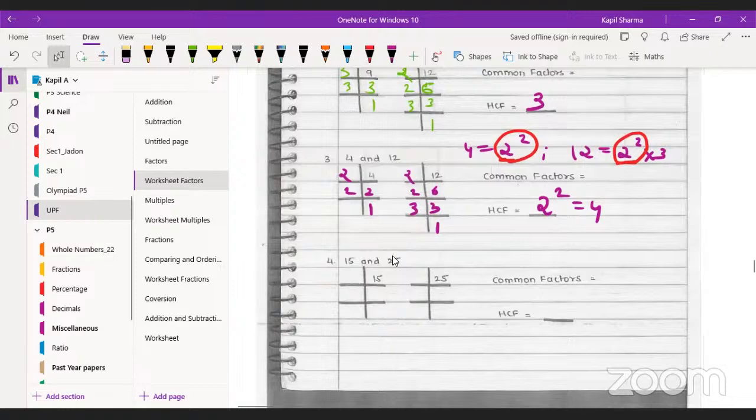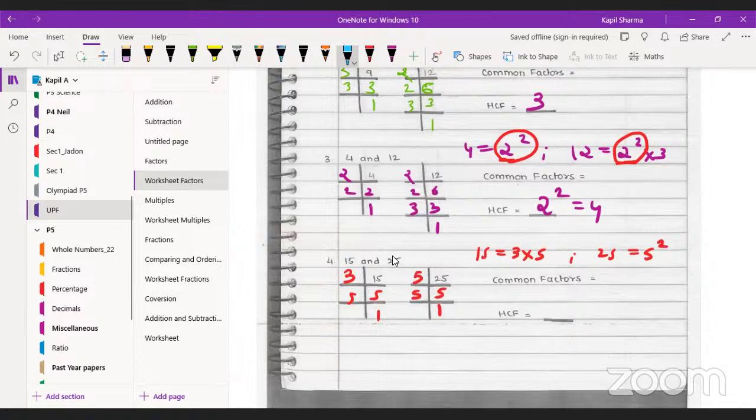Okay. Next is 15 and 25. So 3 times 5, 5 times 1, 5 times 5, 5 times 1. So what's the HCF? Devika? 15 is 3 times 5, 25 is 5 square. Yes, quickly respond.